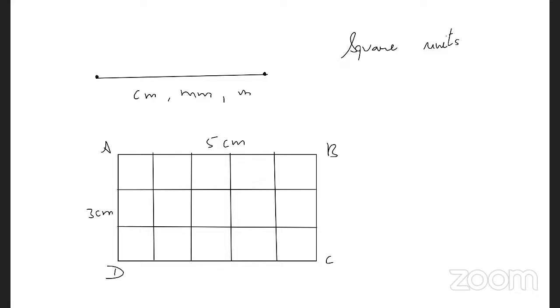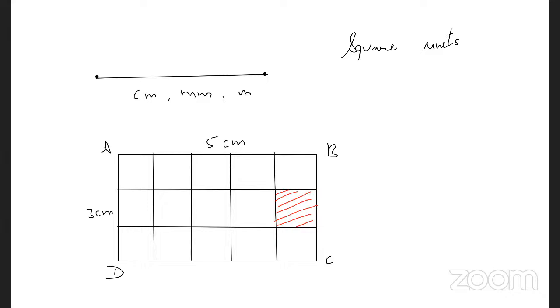One, two, three, four, and five. Now, what is the square unit? What is one square unit? If I take one box from it, this is exactly one square unit. Unit square basically.